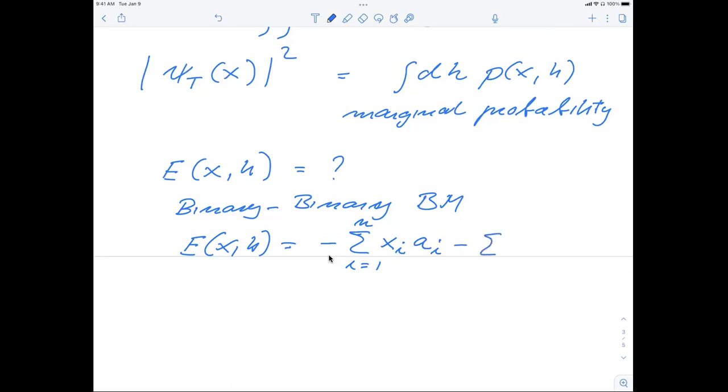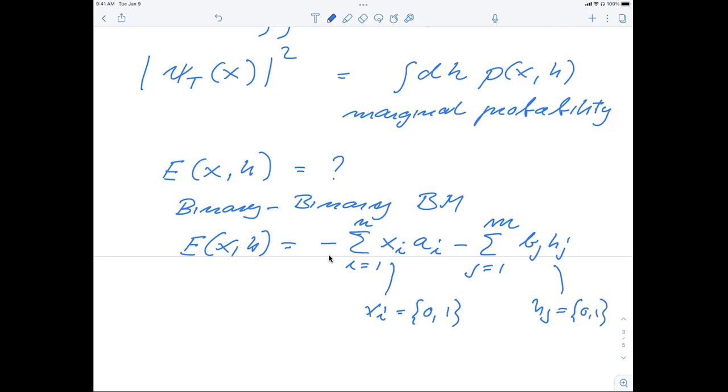And there's going to be a similar object for the hidden nodes. So this goes up to n, and this is going to have a bias b_j, and this is multiplied with the value of the hidden node, the output from the hidden node. So these quantities here, this x_i, take values which are just 0 and 1, and the same with the h_j. They take values which are 0 and 1.